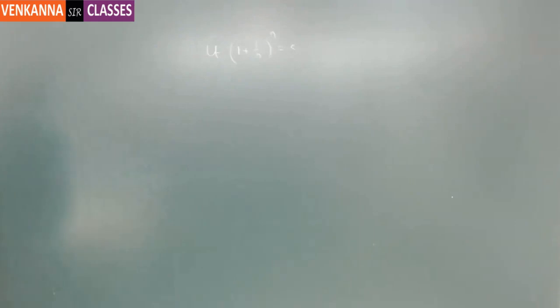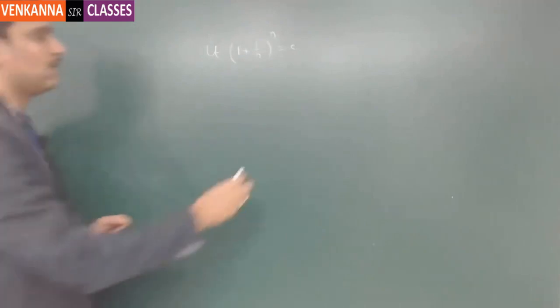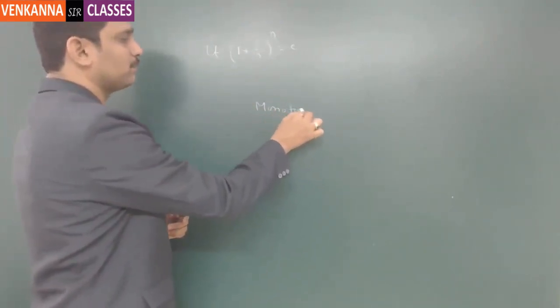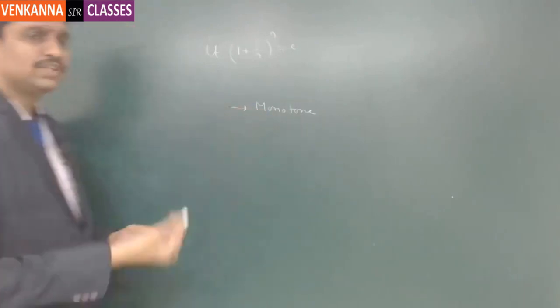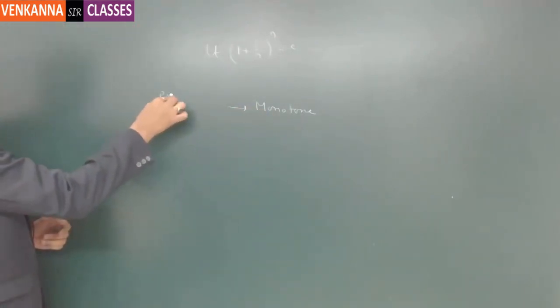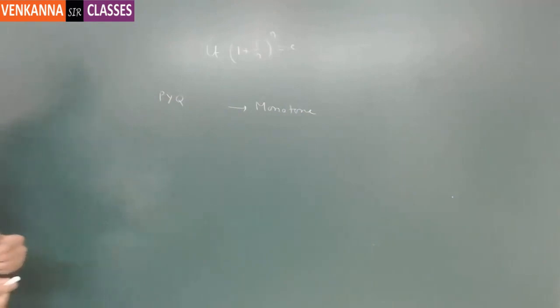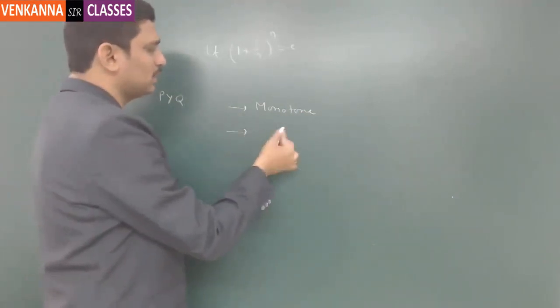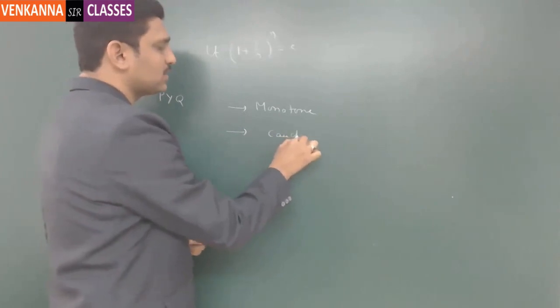All right. So coming to today's session, my intention is I want to take one problem on monotone convergence theorem, which is taken from the previous year questions, I hope. And later, I want to take some problems on the Cauchy theorems.